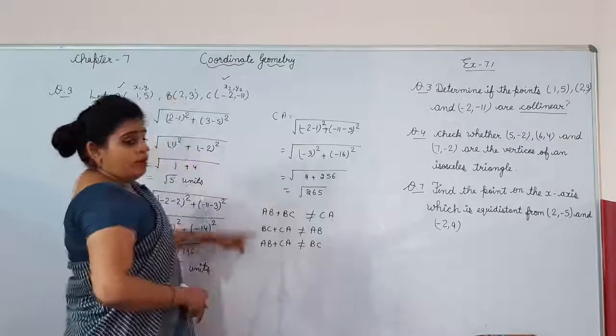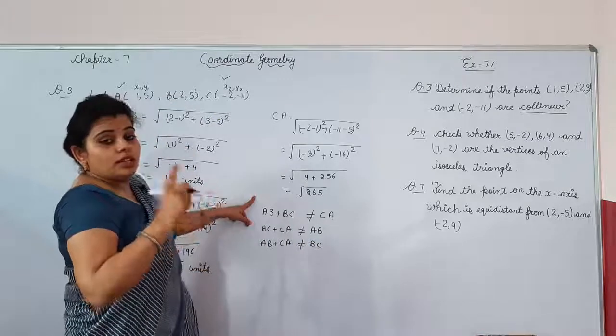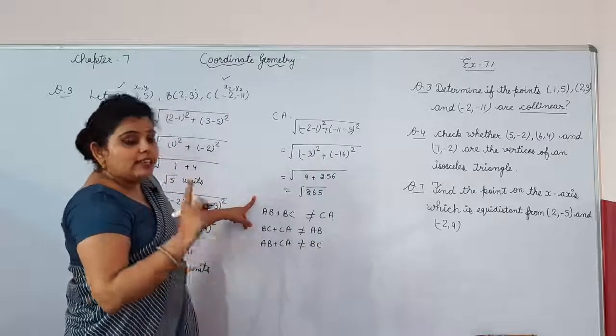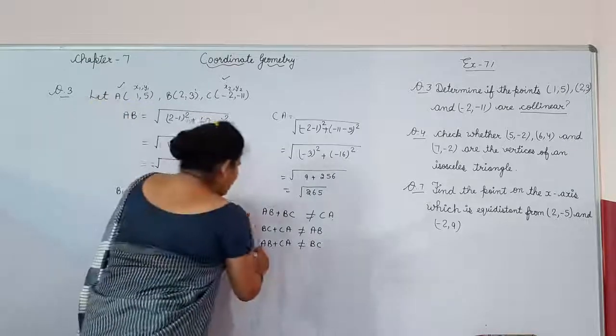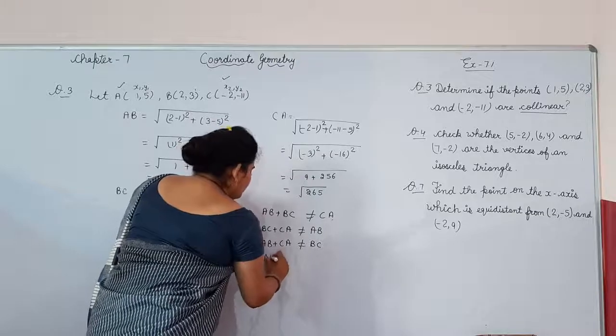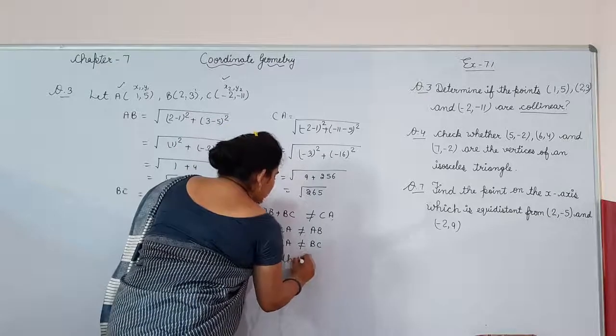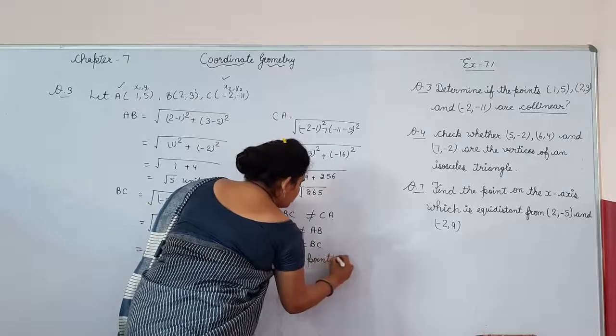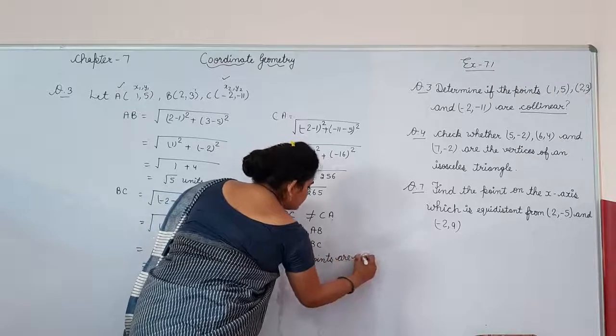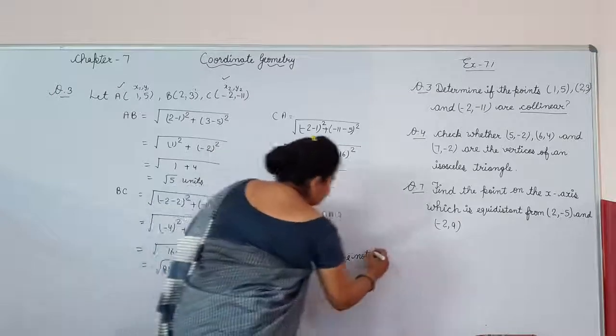Means sum of any two distances is not equal to third distance, then we can say that these points are not collinear. So what we will write? No, these points are not collinear.